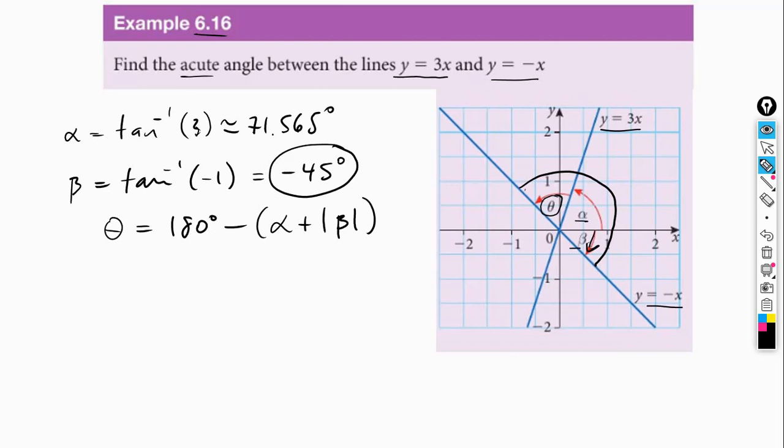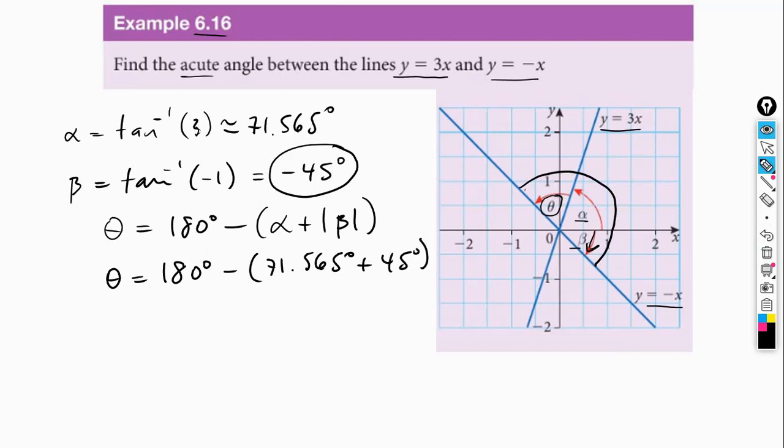But for the purposes of solving this problem, we actually need to find the sum of alpha and the absolute value of beta. Therefore, theta is going to equal 180 degrees minus 71.565 degrees plus 45 degrees.